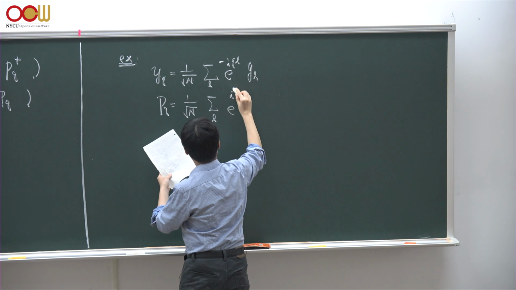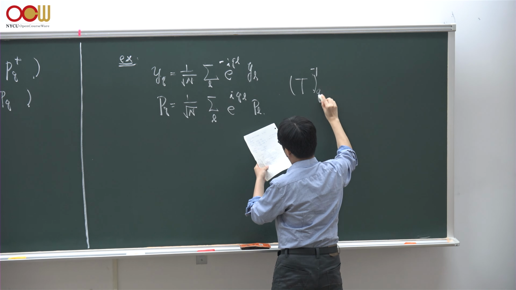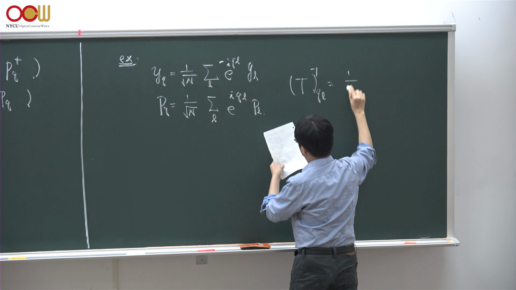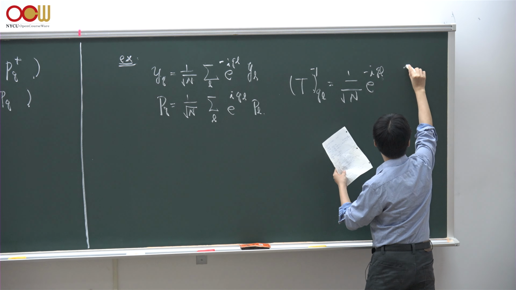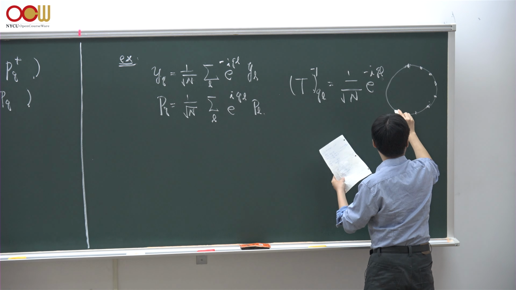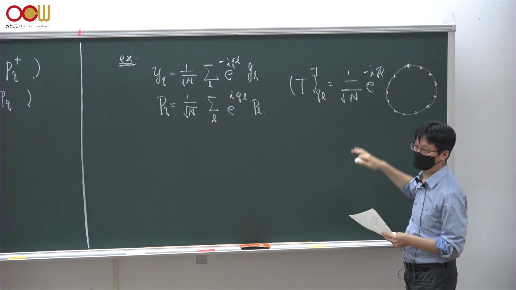And when we define such transformations, what is in our mind is this one-dimensional ring where there are some atoms arranged in such a circle.